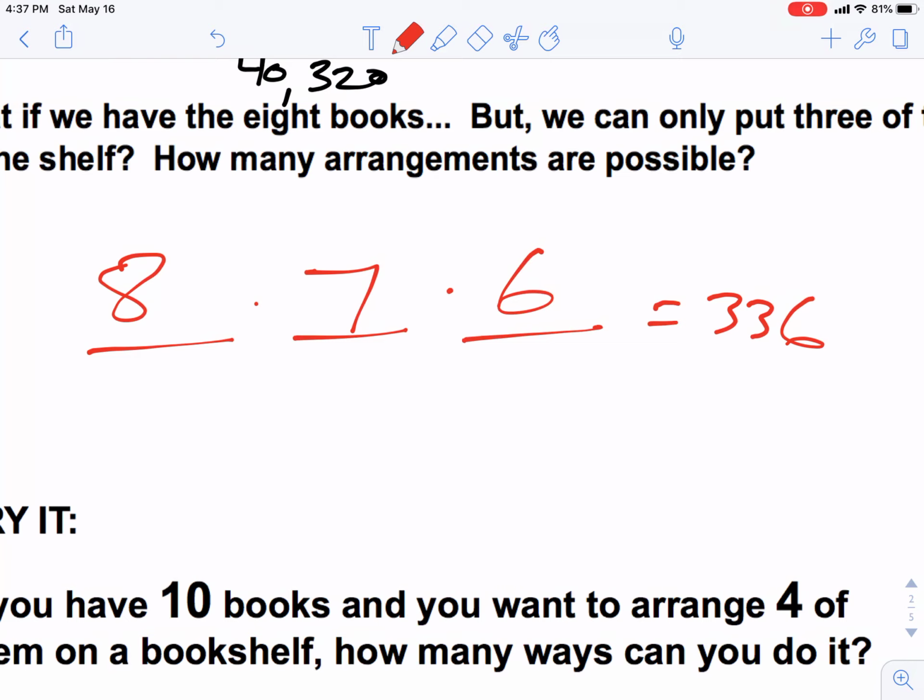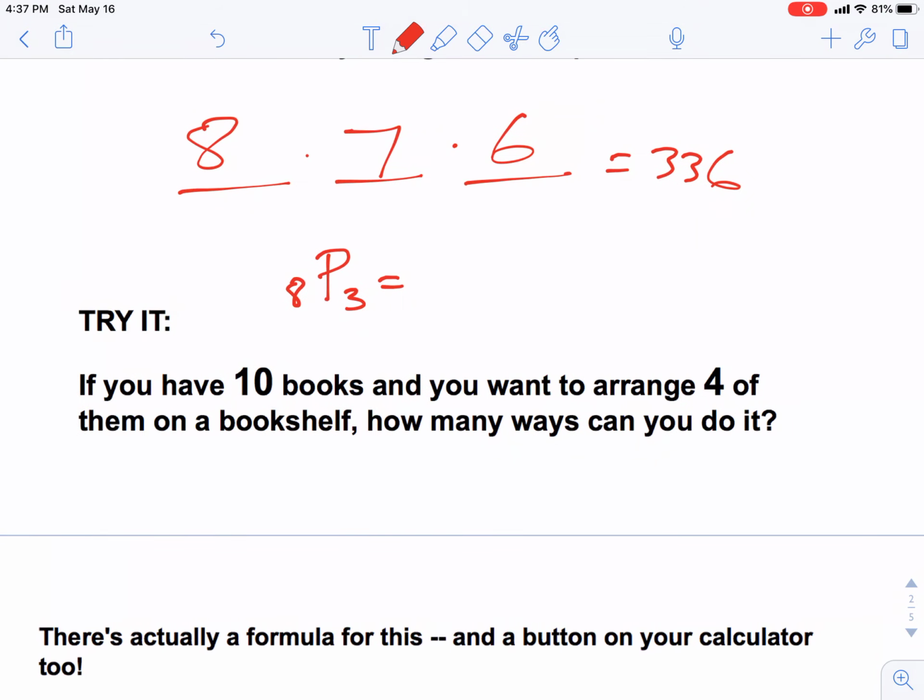8 times 7 times 6. A way to look at that would be we have 8 objects to arrange, and we are going to pick 3 of them. That's another way to write it, another way to see it. I'm going to, in a little bit, talk about how we can use our graphing calculator to show us this. But I think in my head, the way this works out a little bit easier is if we have the spaces. So we have 10 books, 10 objects. We have 4 spots to put them.